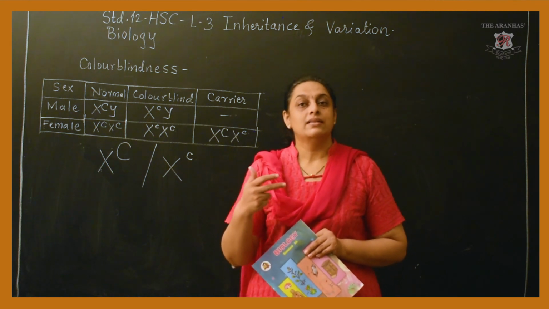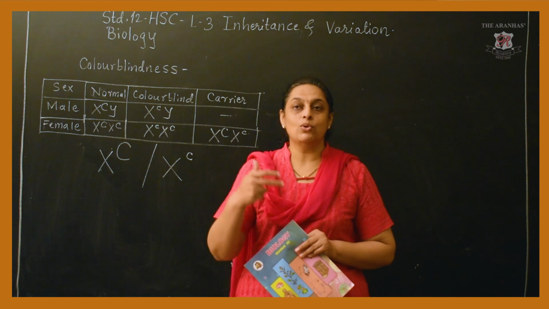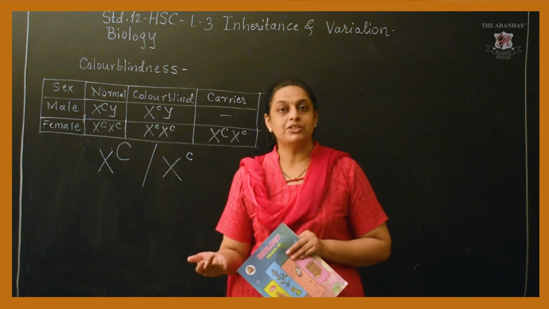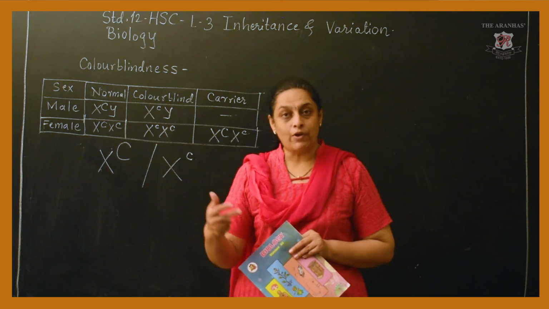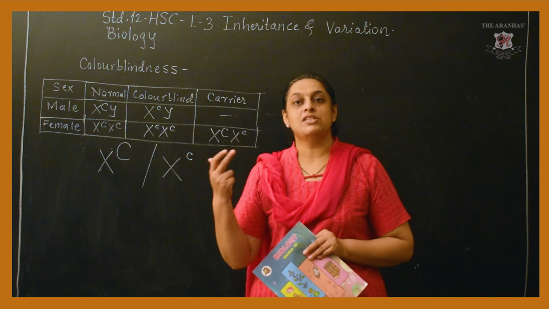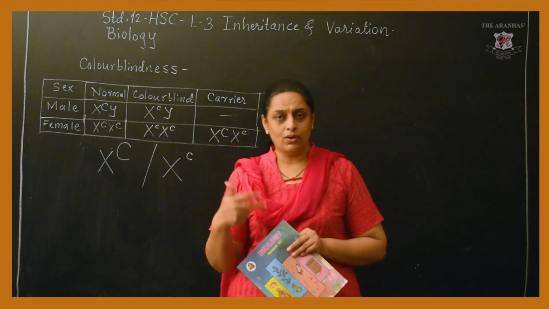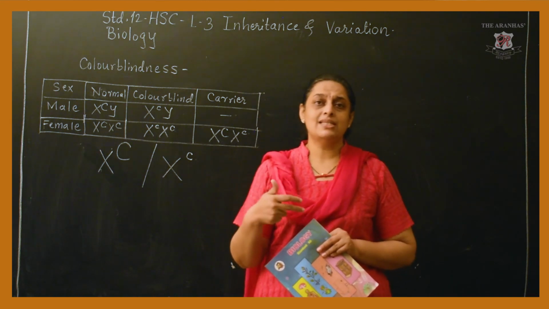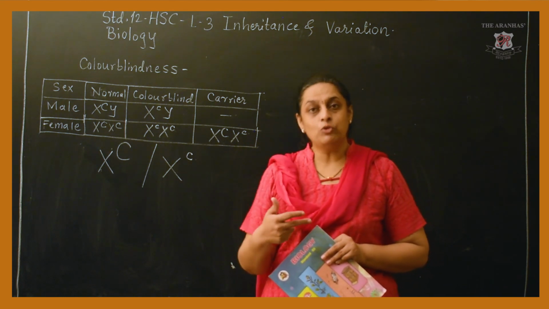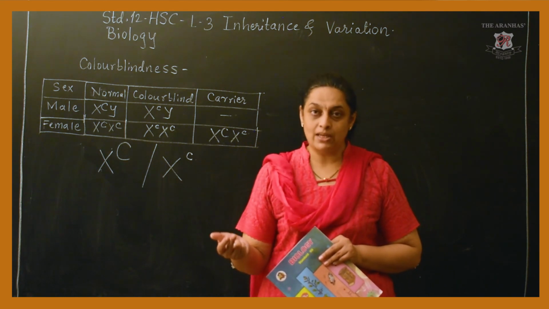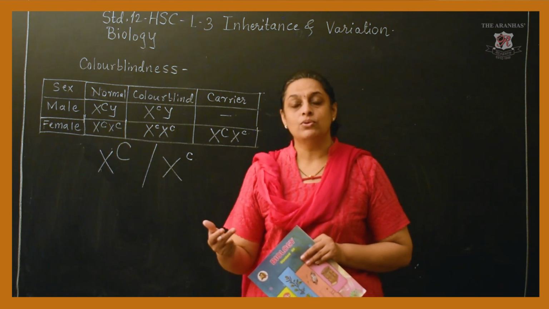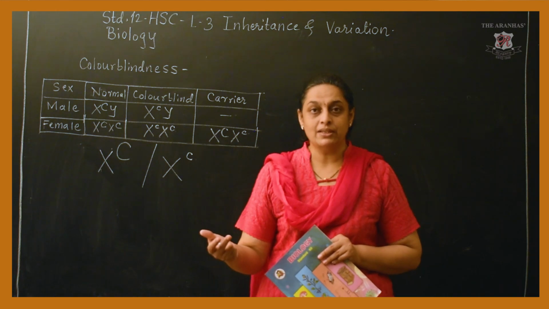linked genes in the pair only get inherited together. That means the chance of those two linked genes separating from each other and forming a new combination, that percentage is very low. On the other hand, if genes are not linked, then they are likely to be separated during crossing over and may give rise to new combinations.